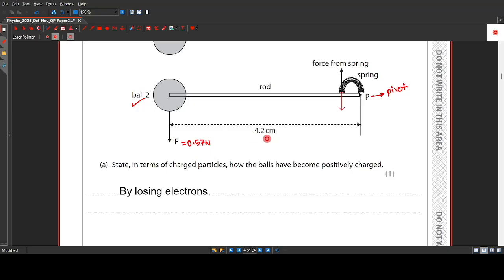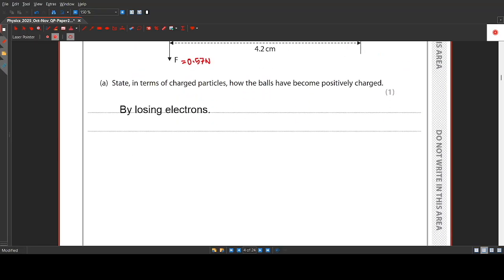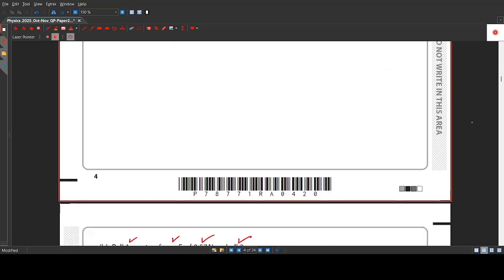We have to make sure that the direction of this force is perpendicular to the distance from the pivot. So 0.57, which is the force acting at this point vertically downwards, is perpendicular to this horizontal distance, which is 4.2. And hence we will have to multiply 0.57 with 4.2 in order to calculate the moment.